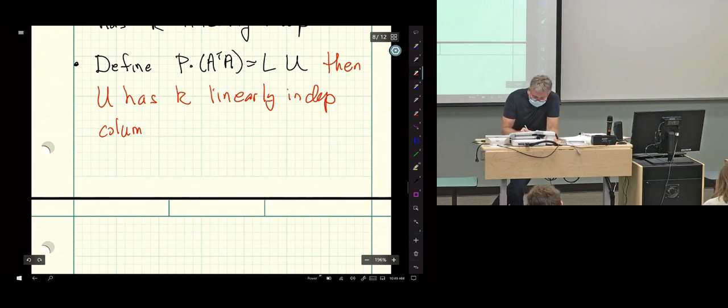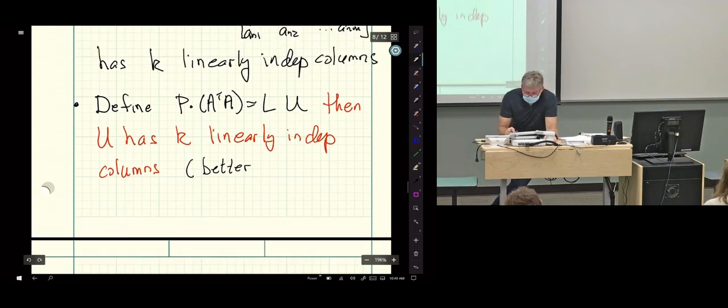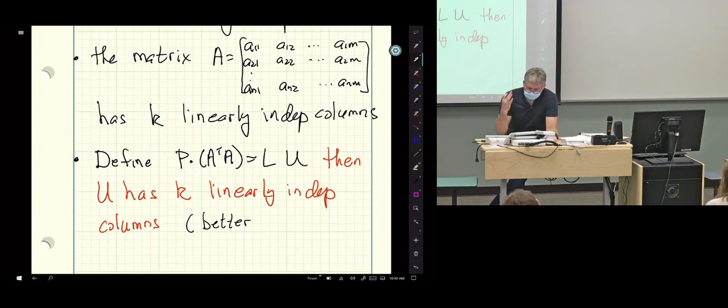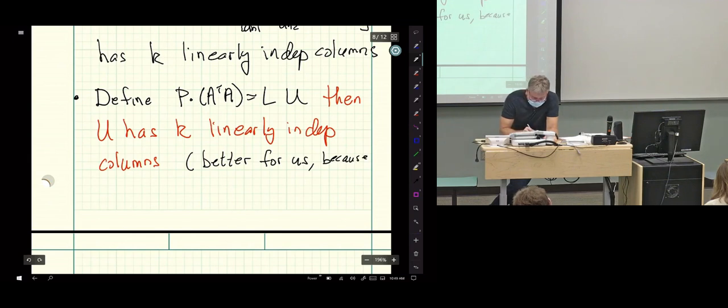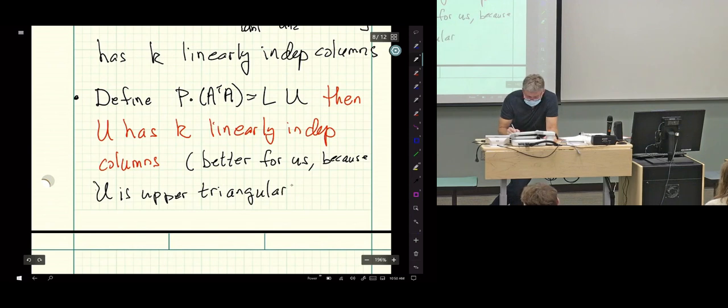There's an n in columns. Okay, so this is an improvement because U is upper triangular. Okay, so this is better for us. Because U is upper triangular, it's much easier to check independence here and count vectors.